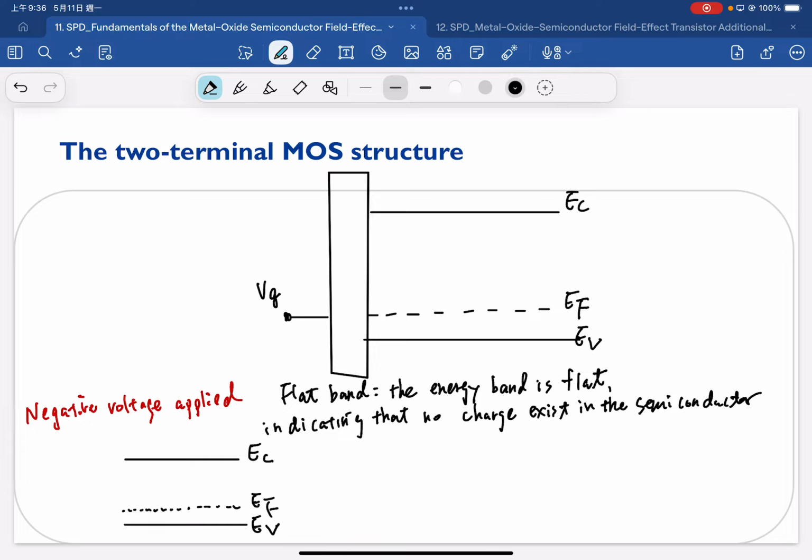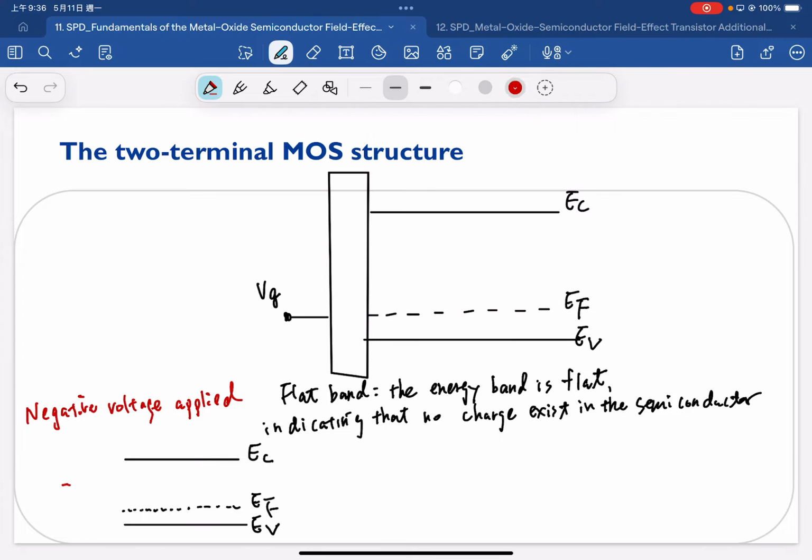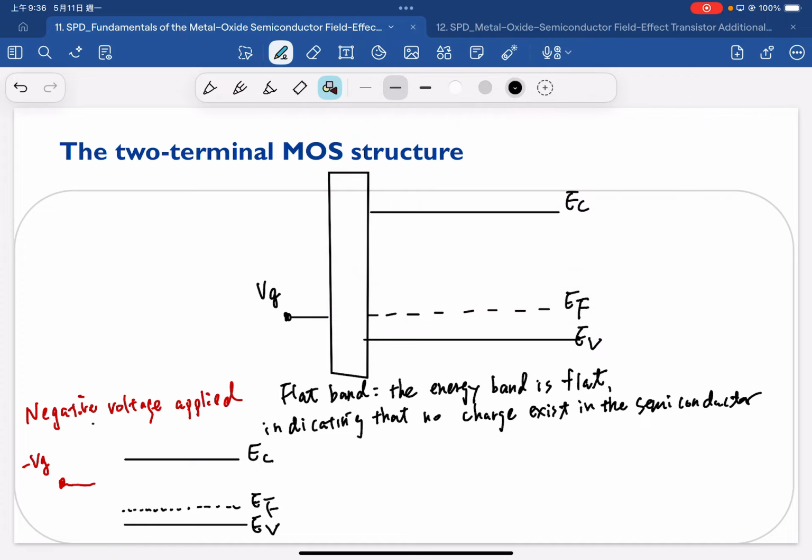Because now we apply a negative gate voltage, in the band diagram we try to increase the difference between the gate voltage and Fermi energy, and therefore we will have this band bending upwards, because of the negative bias here.